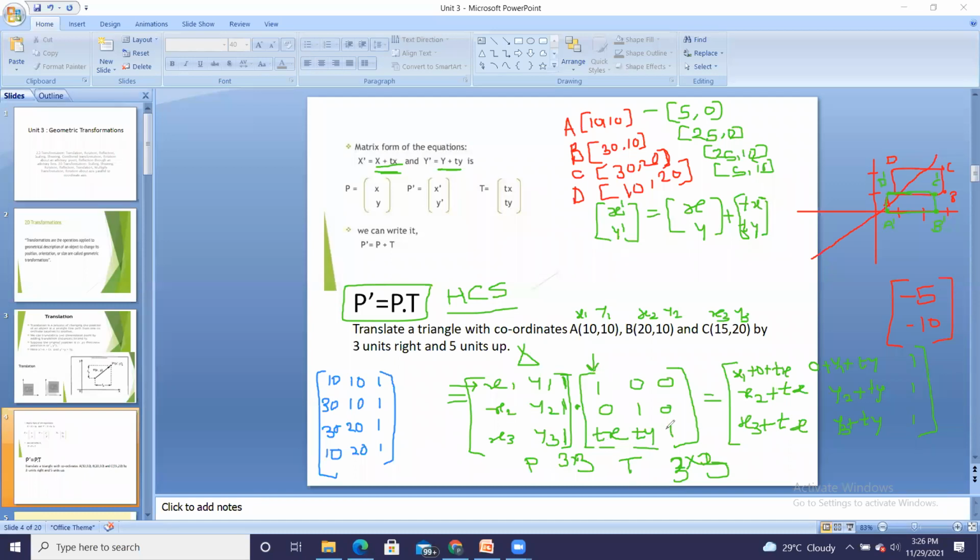Simply, this A point I have kept here, and this column as it is in the last. Next, I will multiply it with the Tx, Ty matrix, which is a 3 by 3 matrix. In that, I will put the Tx and Ty values as -5 and -10. So I will perform the multiplication with 1 0 0, then 0 1 0, and -5, -10, and 1 as it is.